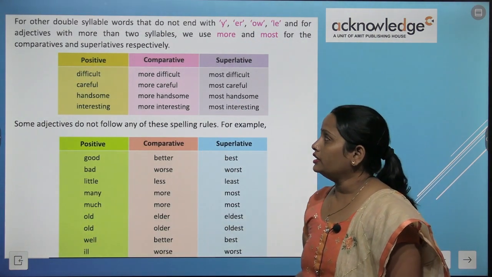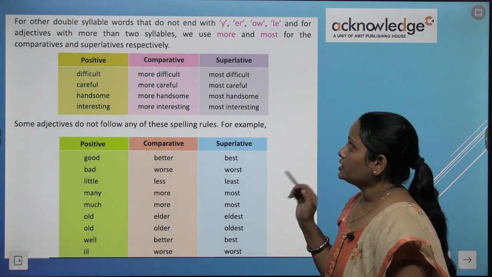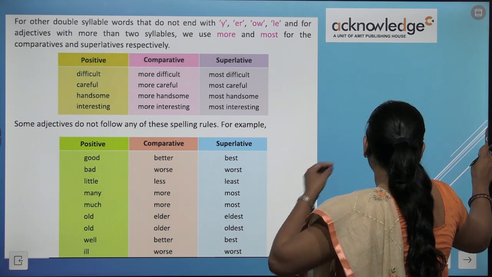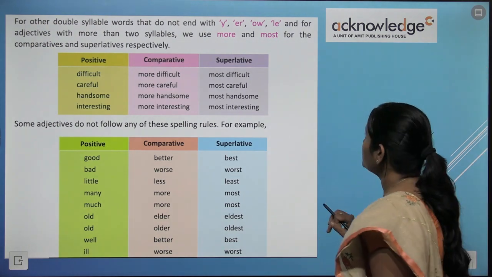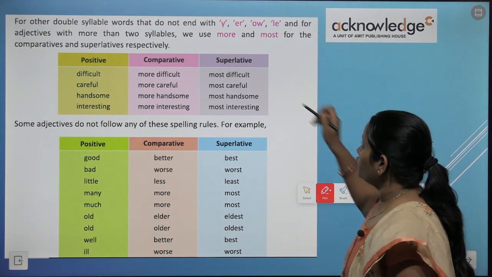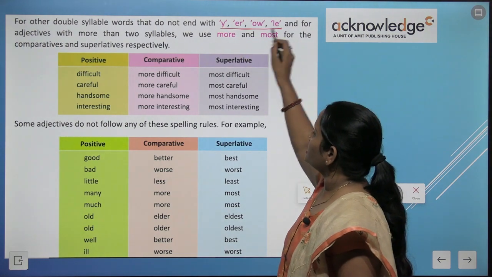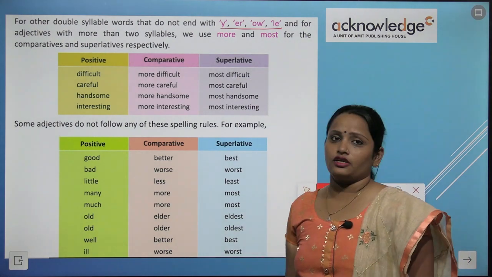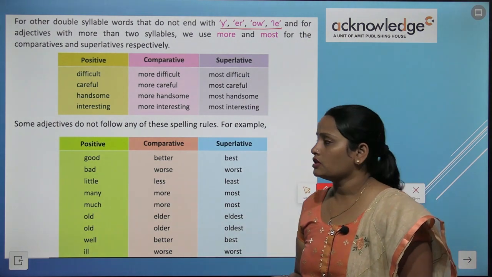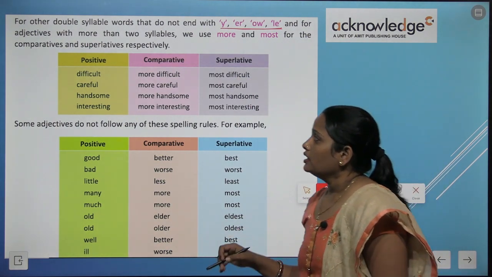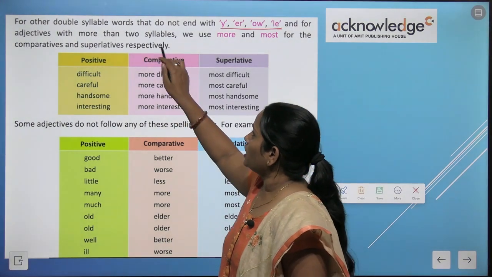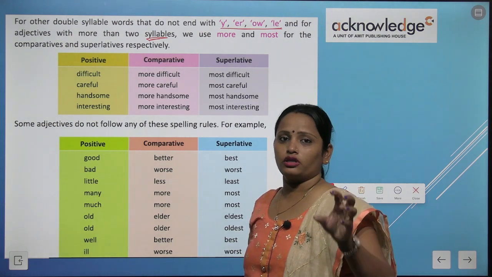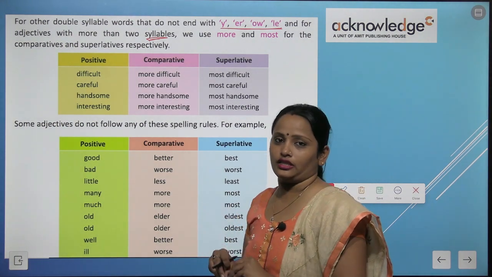For other double syllable words that do not end with Y, ER, OW or LE. So कुछ words ऐसे हैं जो इससे खत्म नहीं होते. And for adjectives with more than 2 syllables, ऐसे एडजेक्टिव जिसमें एक से ज्यादा सिलेबल है. You know, जब हम किसी भी वर्ड को बोलते हैं तो उसको पार्ट्स में डिवाइड करके बोलते हैं.